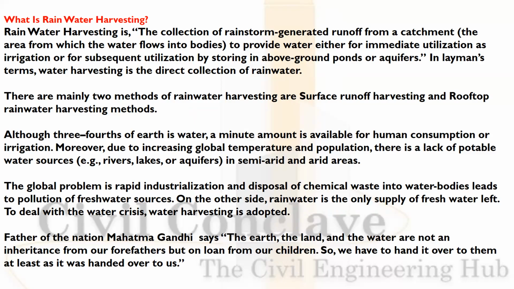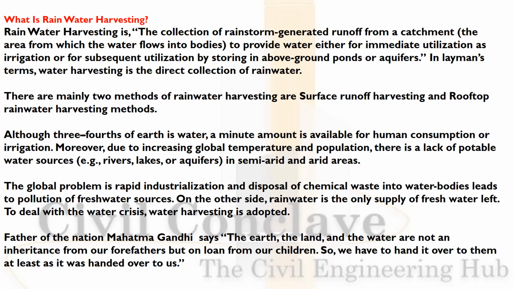First of all, rainwater harvesting is a system which collects the rainwater generated as runoff from the catchment, that is terraces and so on, where the water flows into bodies to provide water for immediate utilization or subsequent utilization by storing in storage tanks. In layman's terms, water harvesting is the direct collection of the rainwater.